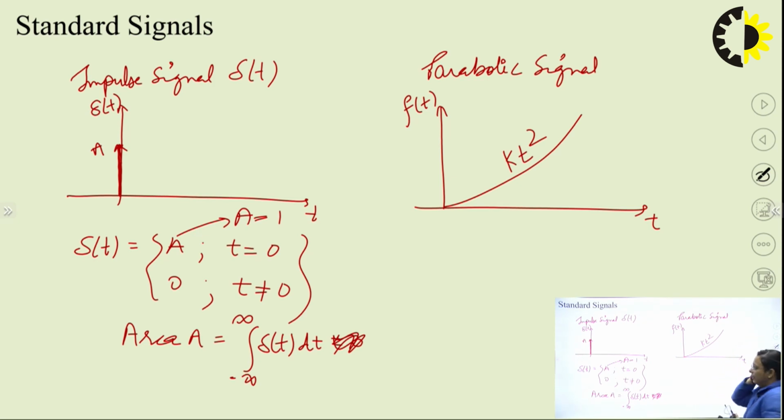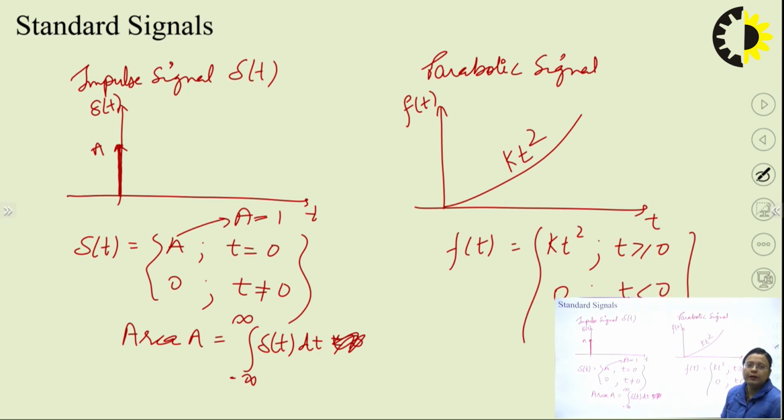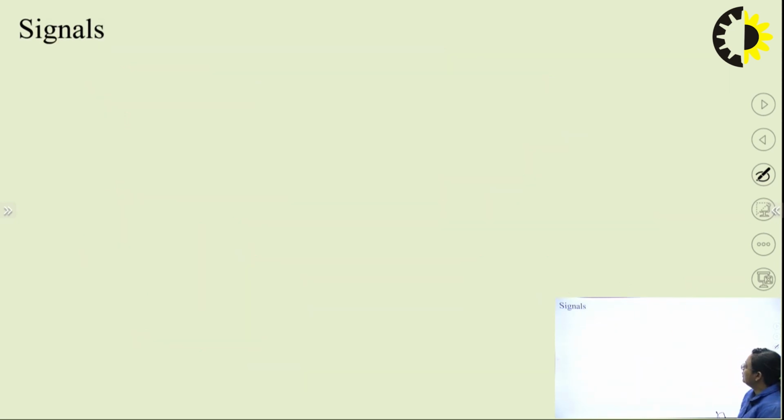The parabolic signal f(t) can be represented by kt squared for t greater than or equal to 0, or 0 for t less than 0. If I am talking about the unit parabolic signal, then the value of k will be equal to 1. In the case of the parabolic signal and the ramp signal, the unit slope means k is unity.